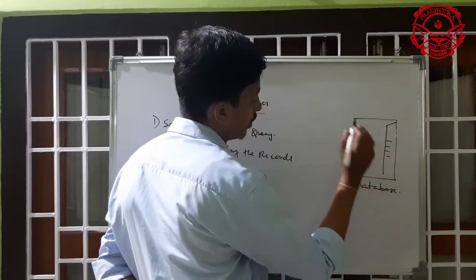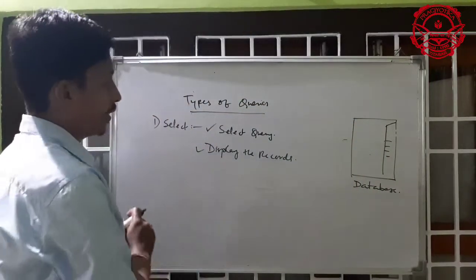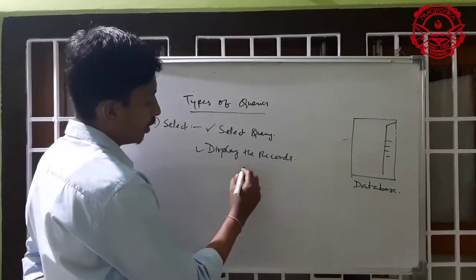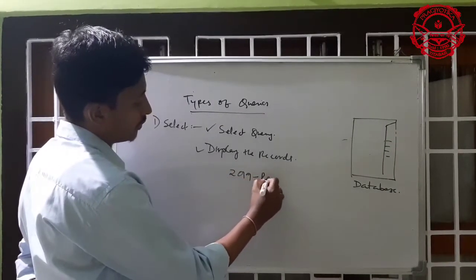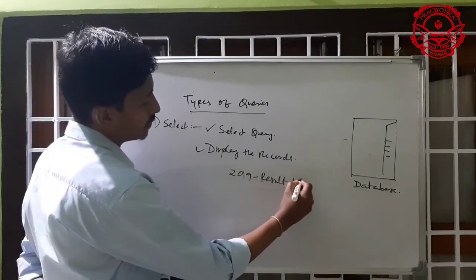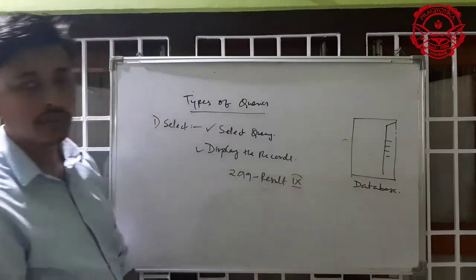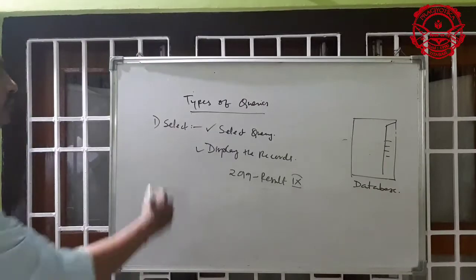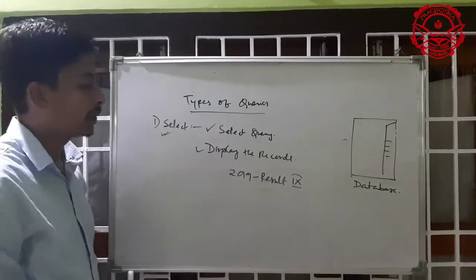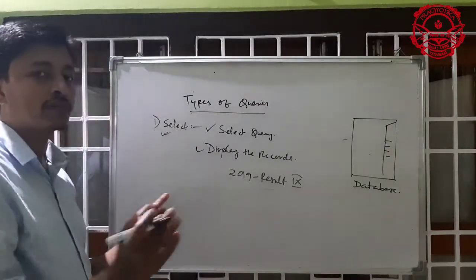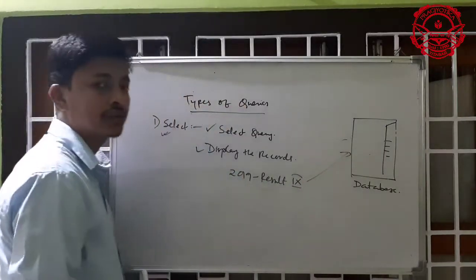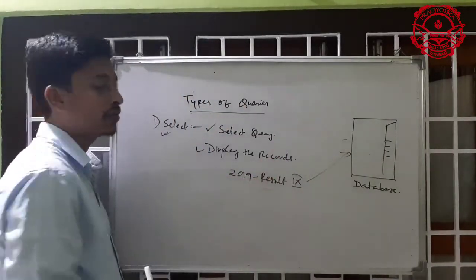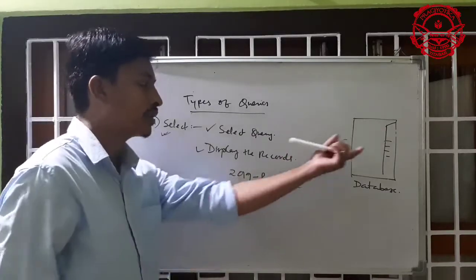Now, if you want to see the records of 2019's result of class 9, then you have to use the select query. Select the query means first you have to select the query, and after that give the request to the database.